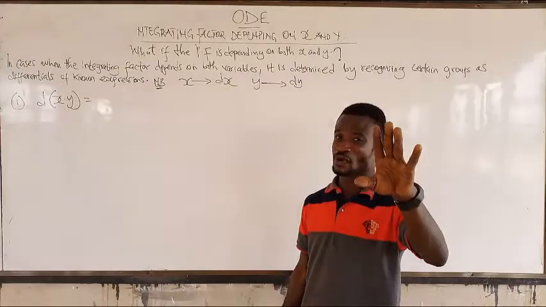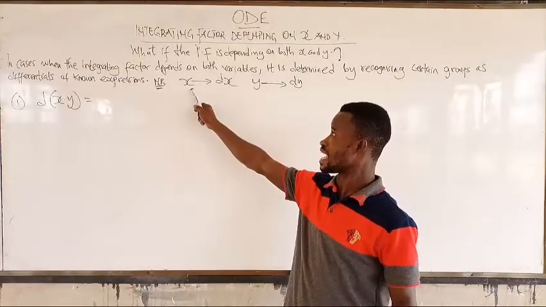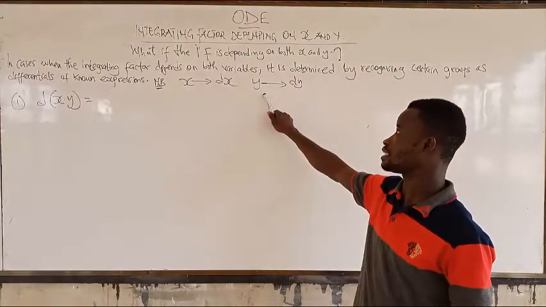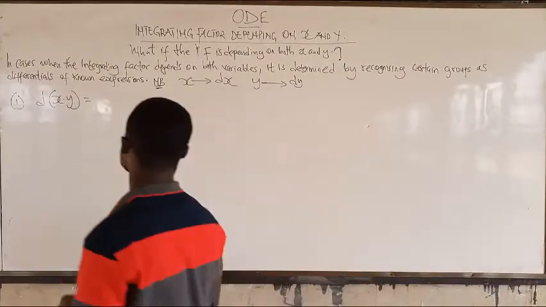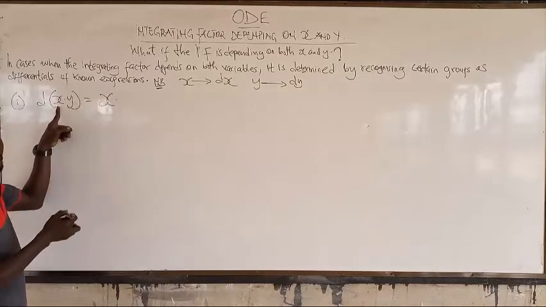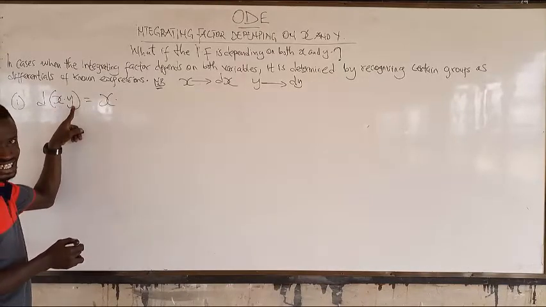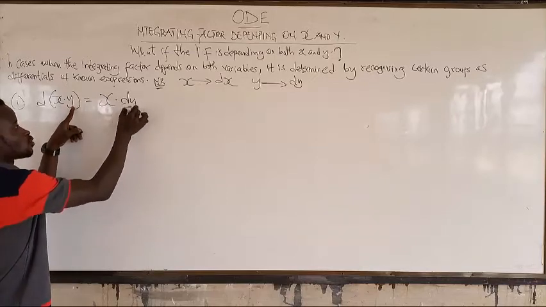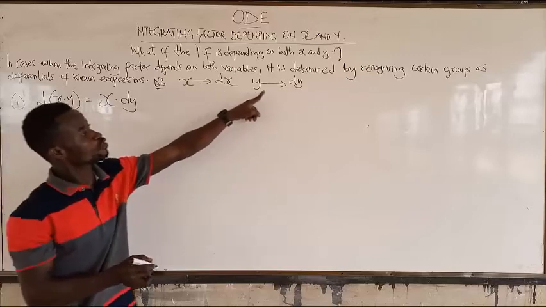But don't forget, I said to differentiate x, just write dx for me. I will be okay with it. To differentiate y, just write dy for me. So product rule: leave the first one, differentiate the second one, which is y. So to differentiate y, you write dy.